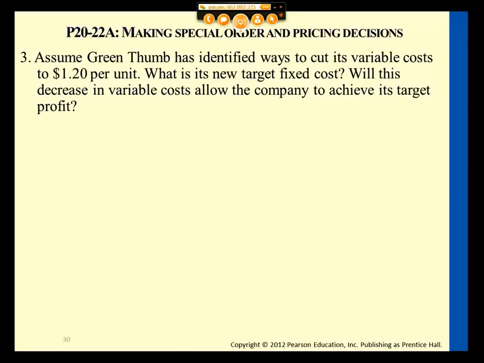So we want to cut variable cost to 1.2 per unit. What is its new target fixed cost? And will this decrease in variable cost allow the company to achieve its target profit or not? What was the number again?